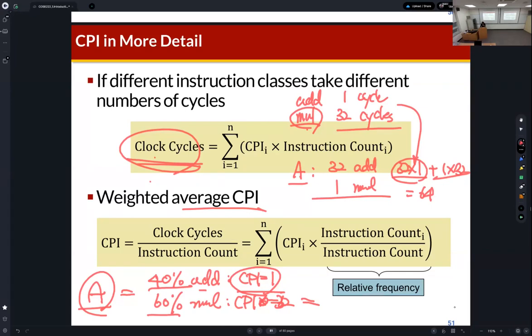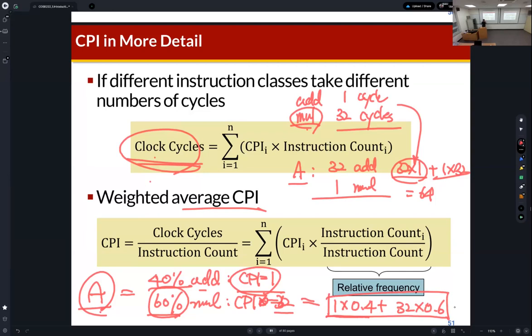The average CPI is 1 multiplied by 0.4, plus the ratio of multiplication, 60%, with CPI 32, which is 32 multiplied by 0.6. So this is the average CPI of application A.